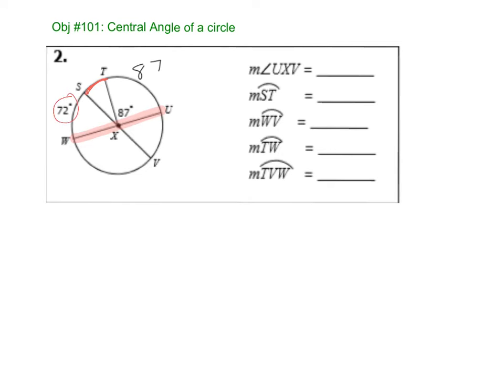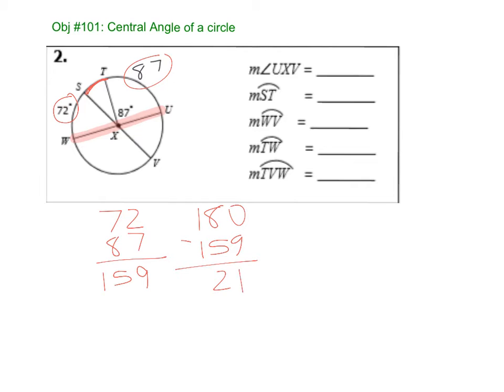So 72, ST, and 87 equal 180. So 72 and 87, that's 159. I'm going to subtract that from 180, and I get 21. So that means ST is 21. Now, look at what we have. How are we going to figure out the other side?